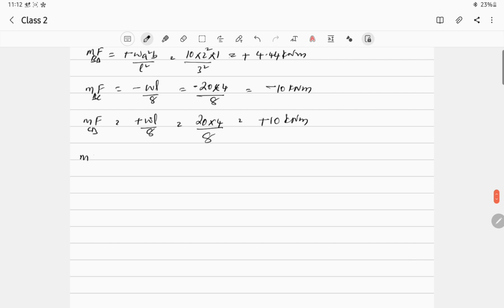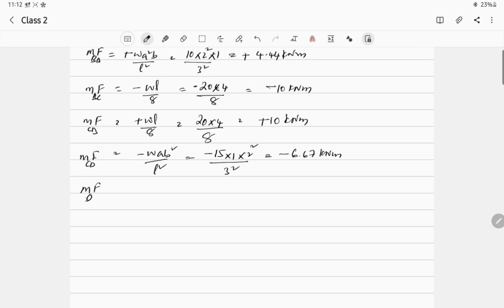Then MFCD is equal to minus WAB square by L square is equal to minus 15 into 1 into 2 square whole divided by 3 square, which is equal to minus 6.67 kilonewton meter.